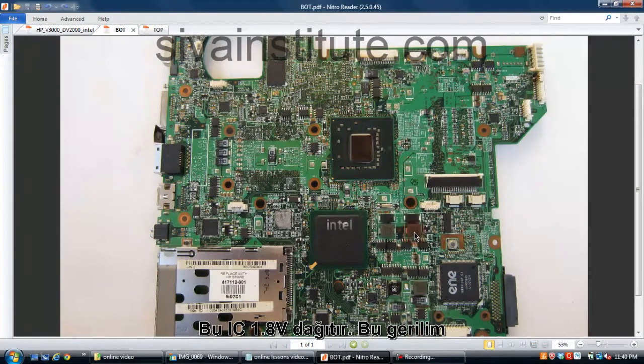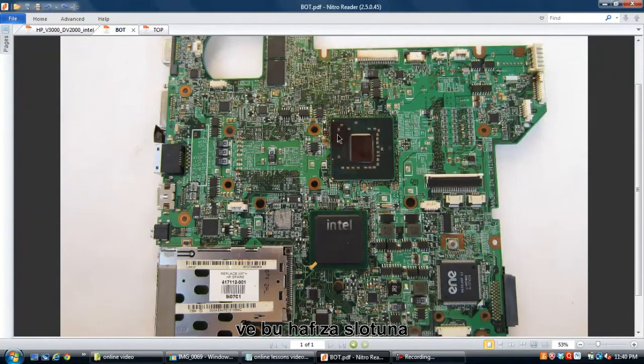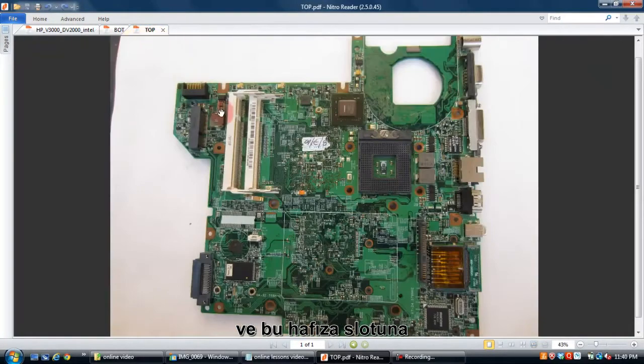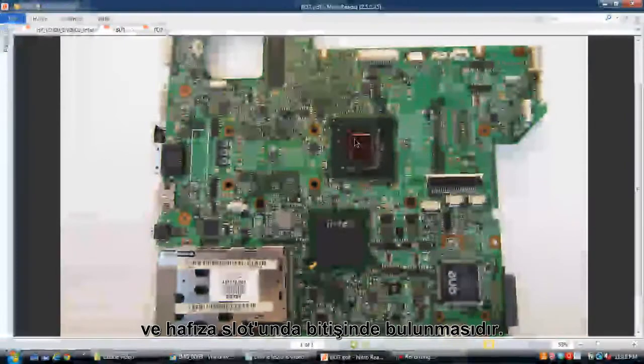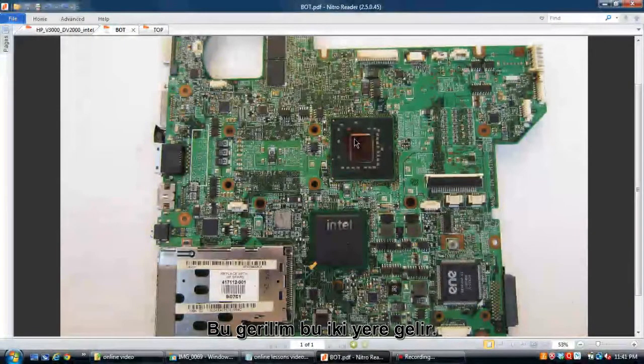This IC releases 1.8 volt supply, which goes to the GMCH IC and the memory slots. This is the S4 command. So for S4, the starting point is the ICH, and the ending point is the GMCH and memory slots.